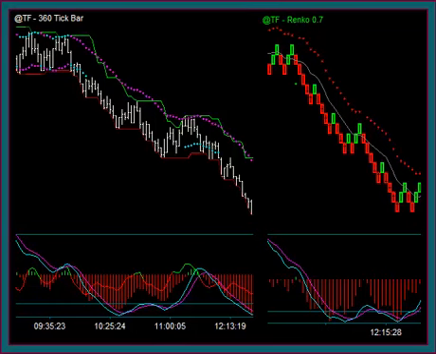Now, before going further, I need to show you another chart, and I want to point out a meaningless dot shift that is on the Renko chart.